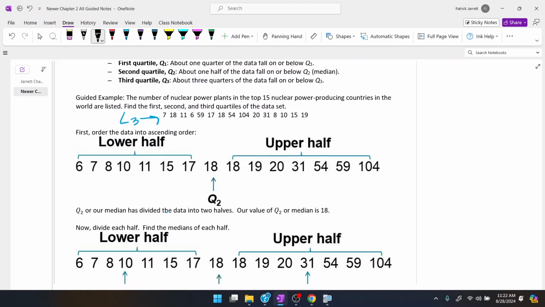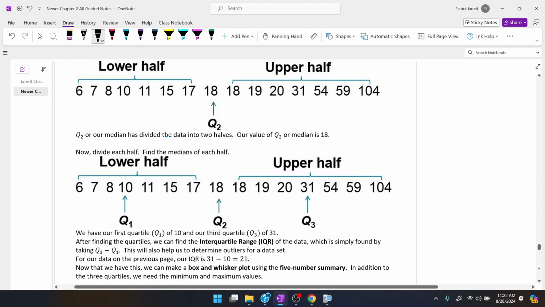All you have to do is find the medians of the lower and the upper halves. That is going to be your first quartile and your third quartile. With 15 pieces of data, that's not too imposing. But imagine we had 100 pieces of data. This is when you're going to be glad you had a calculator.